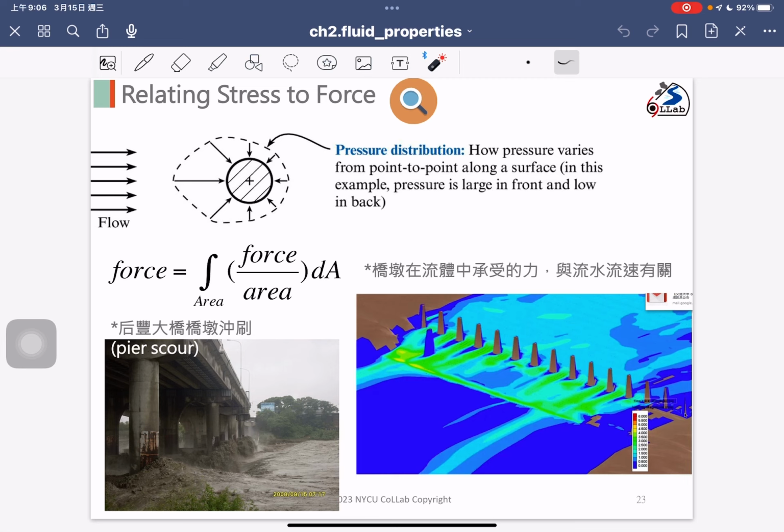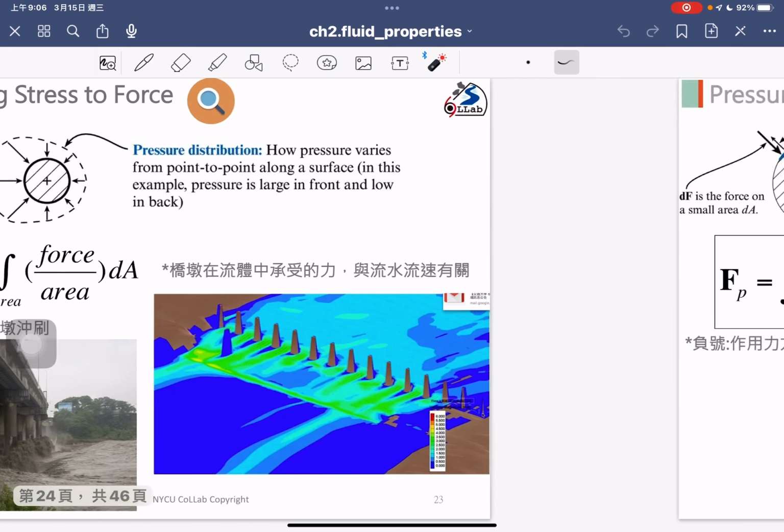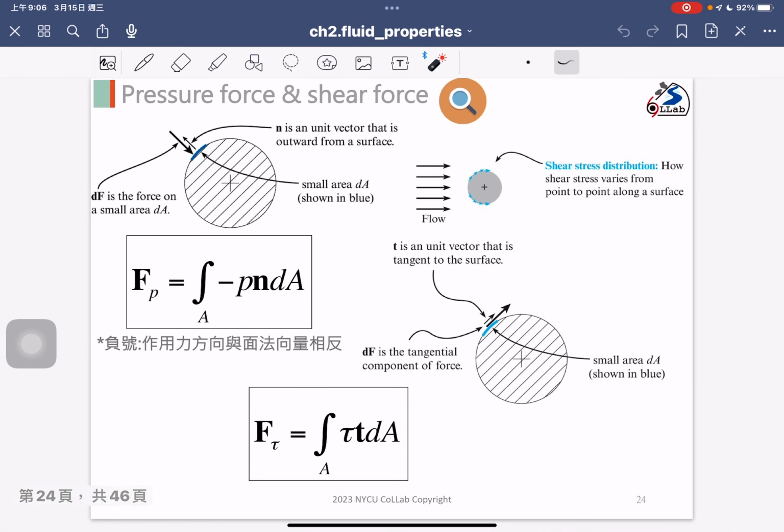Okay, so once we understand the distribution of the pressure, sometimes we apply the integration operation to compute the final force we have. This is a very normal operation when we calculate the force from the pressure distribution. This slide shows how we deal with the integrations.